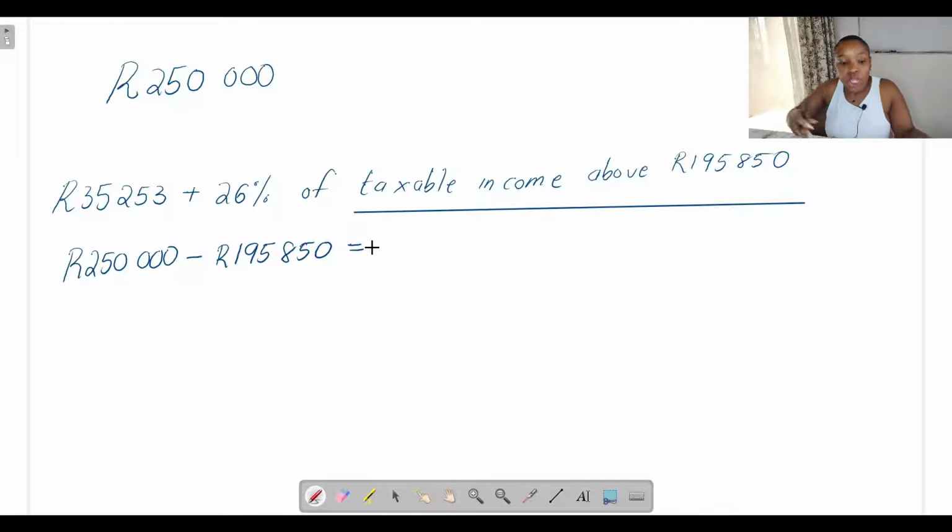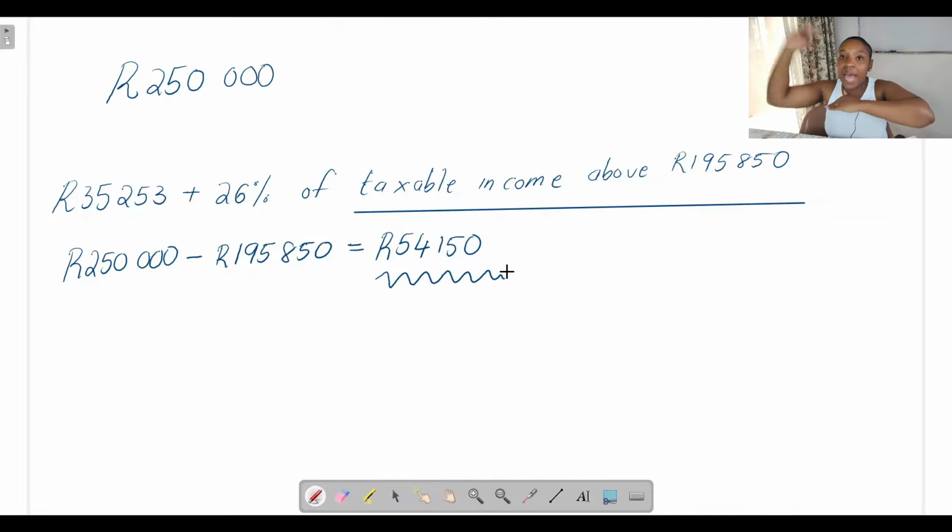If you were to punch that into your calculator, how much do you get? You would get 54,150, right? So this 54,150 is the taxable income that is above 195,850.